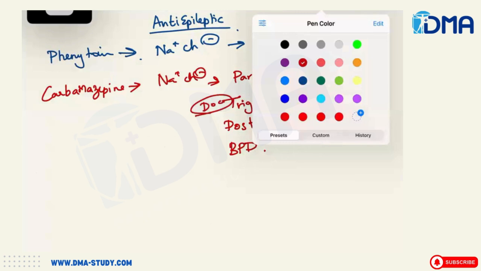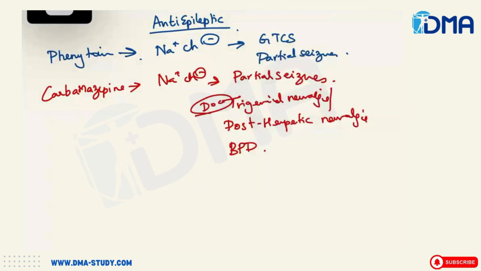trigeminal neuralgia. Then we spoke about valproate, sodium valproate. It is a microsomal enzyme inhibitor.